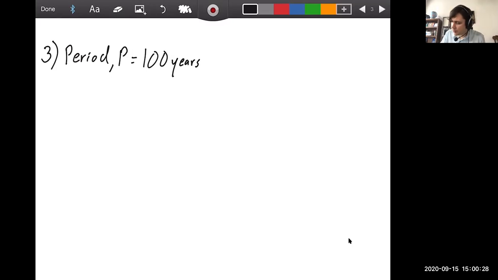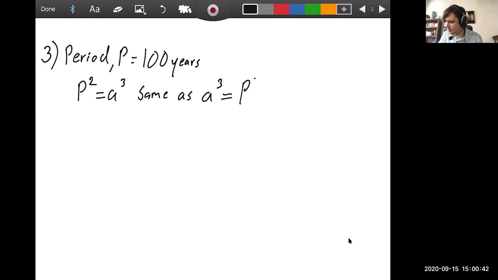So we got to work with Kepler's third law. P squared equals A cubed. Remember, that's the same as A cubed equals P squared. So I like to have what I'm solving for over on the left. So I'll have A cubed equals P squared.